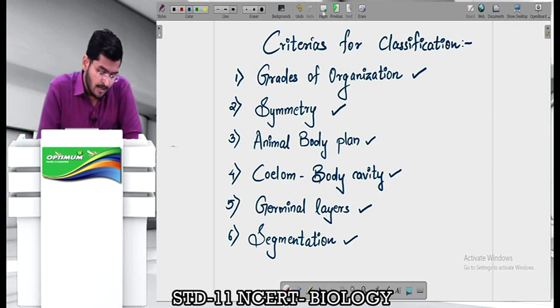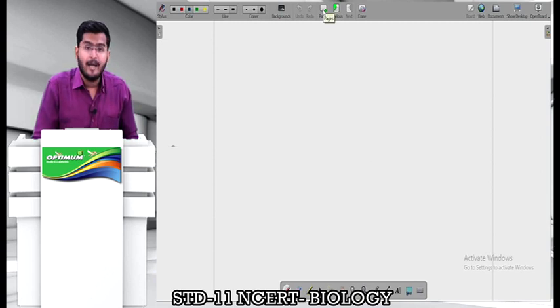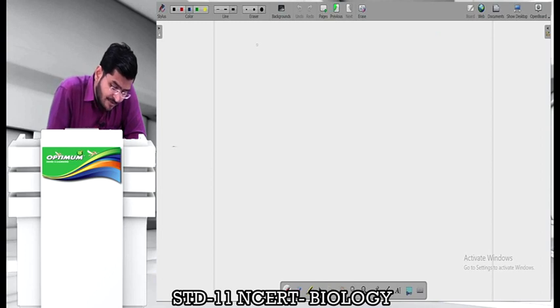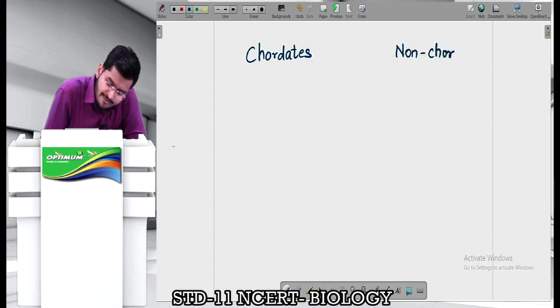Moving ahead, now we are going to start with the very first section of classification, where it's very important for you guys to understand these two terms. So let us see what are these two terms. We have chordates and non-chordates, right?